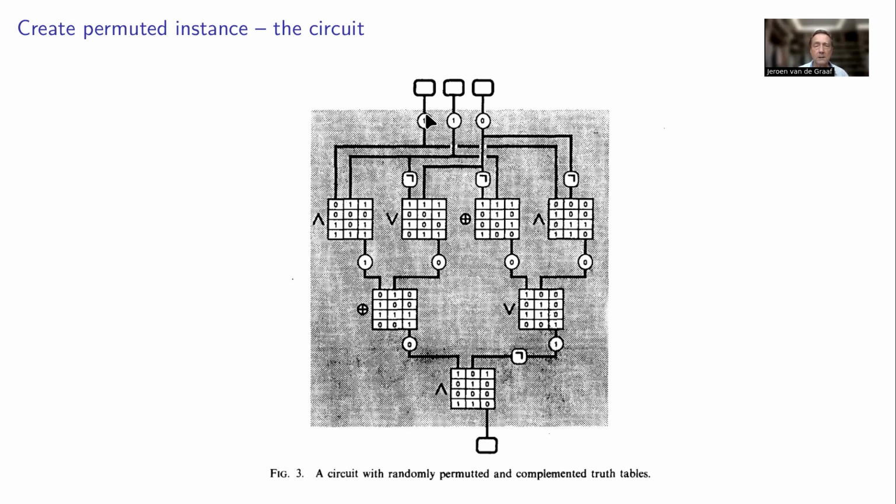You can see that the input gates are permuted here, right? The first wire is flipped, the second wire is flipped, the third wire is the same. Here also you can see whether the wires are flipped or not.